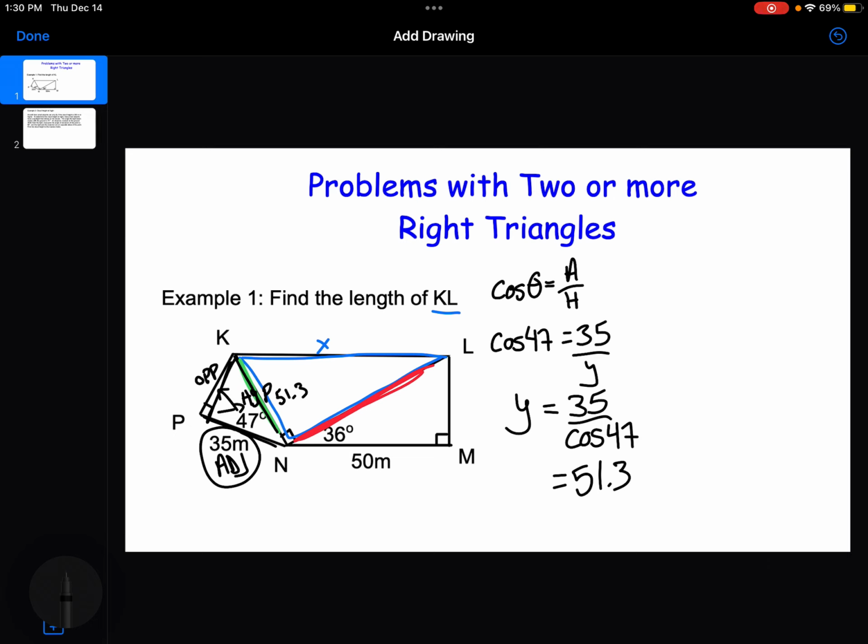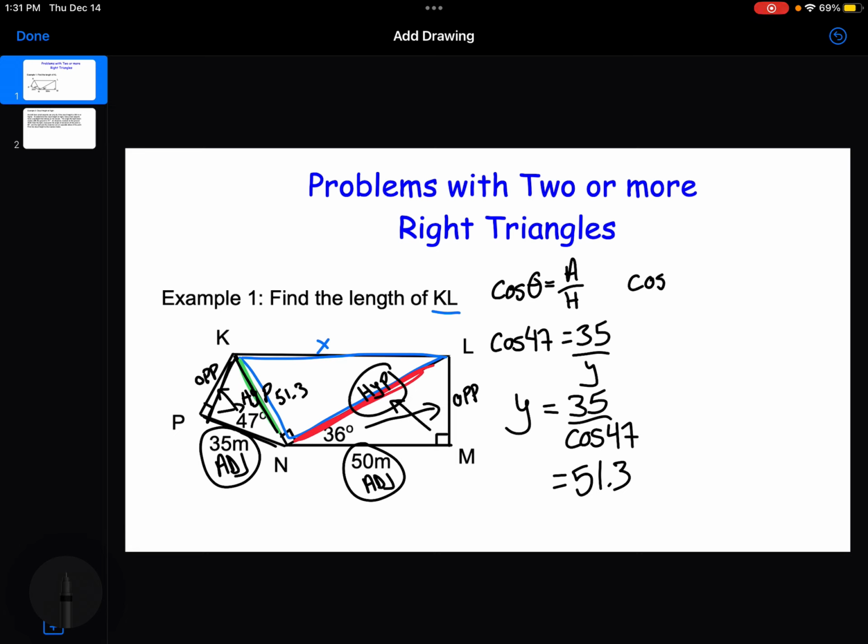We're going to do the exact same thing with the triangle NML, the one on the bottom right. And we need to find the hypotenuse again. We need to find this side. We're given the adjacent because this is opposite. So we're going to use cos again, and we need to find the hypotenuse. So cos theta is adjacent over hypotenuse.